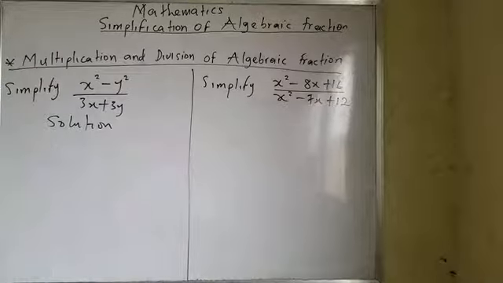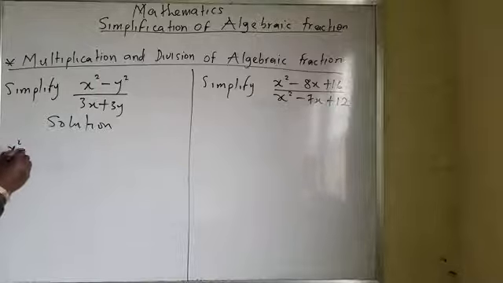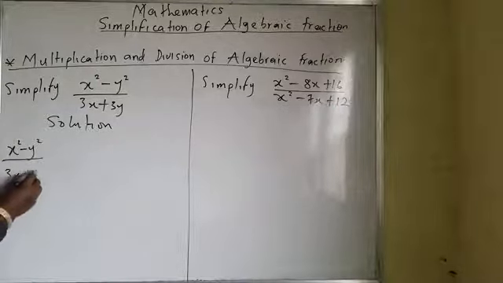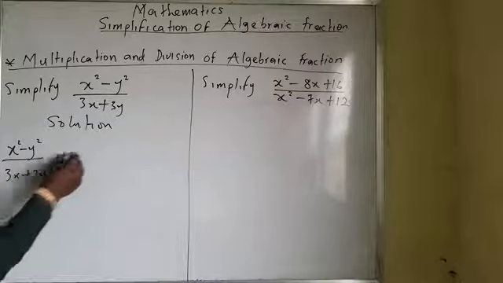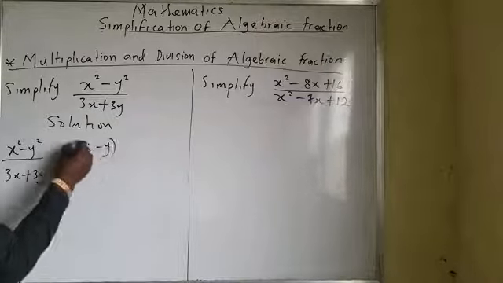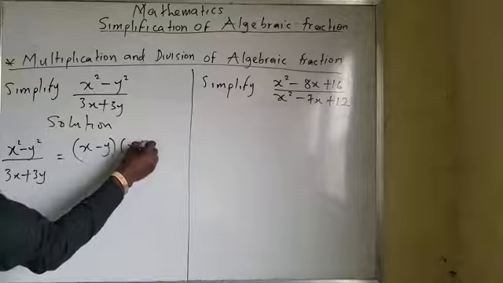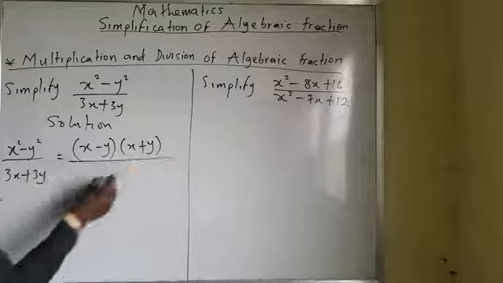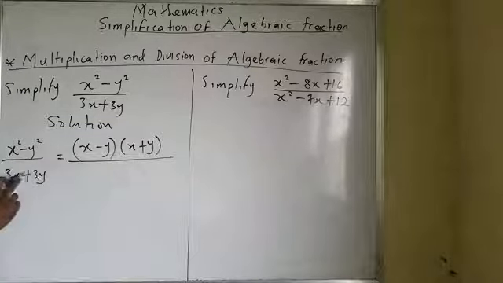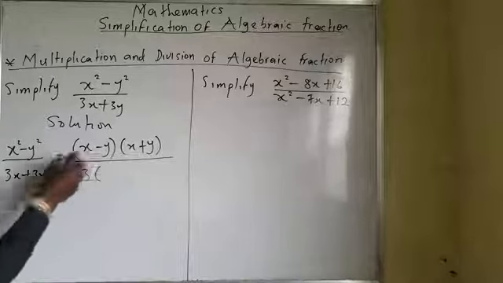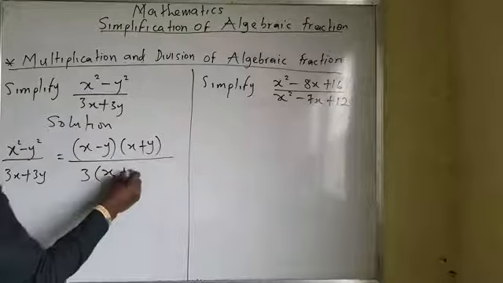It means I can write this as x squared minus y squared divided by 3x plus 3y. It can also be written as x minus y, x plus y divided by, look at this, 3 is common here. I'm free to factor out 3, left with x plus y.